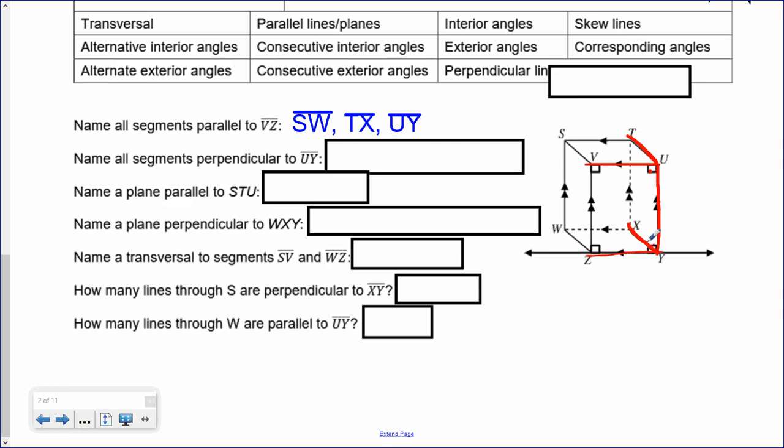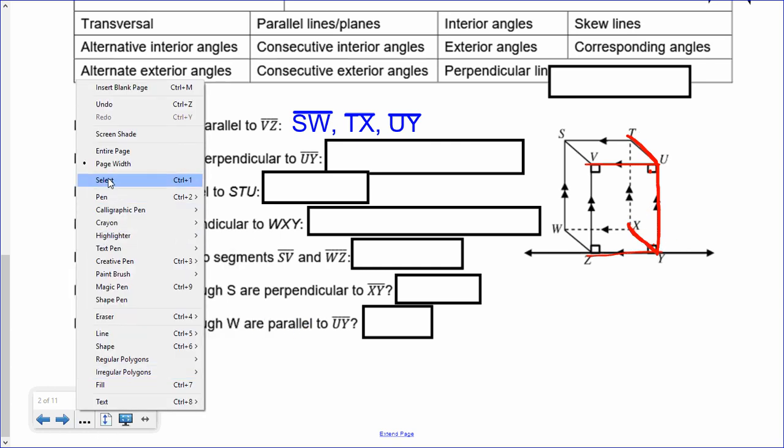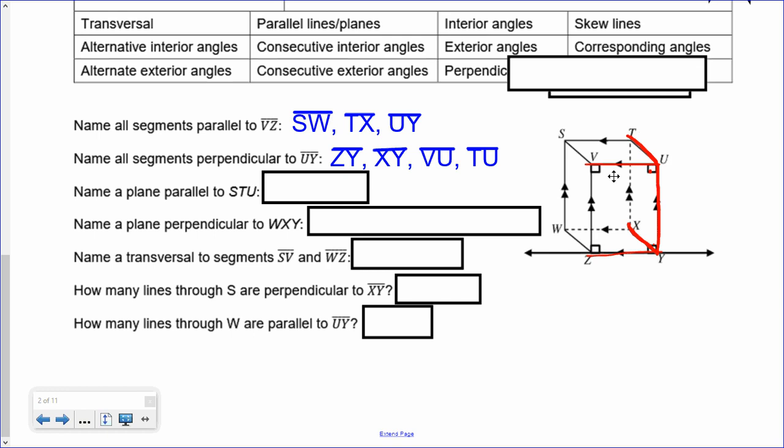So I know I don't have another little box for the 90-degree angle in either of these positions, but using the 3D format of a cube or a prism, we know that those sides are also going to be perpendicular. So the answer would be all four of these segments right here. And that will always be true when you're talking about a perpendicular line in a shape like this. You're going to have two perpendiculars at each corner to create that point for your shape.